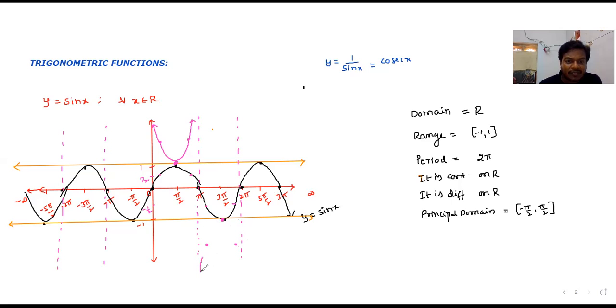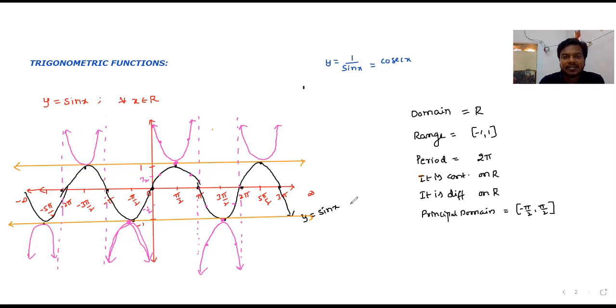Therefore, we get the graph in this way. In a similar way, you can draw the graph here and here, just the reciprocals I am going to draw. This is the graph of y equal to cosecant x, right?